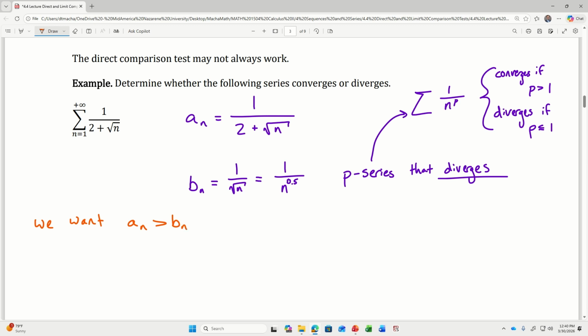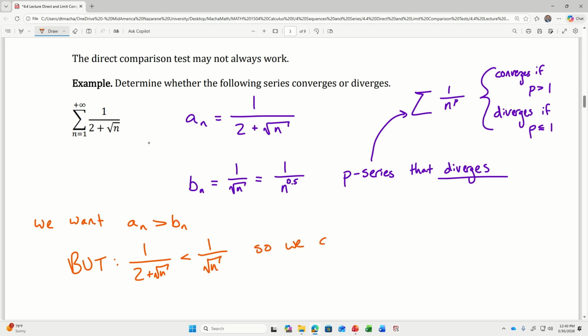Because that way, if b diverges and a is greater than b, that must mean that a has to diverge as well, according to the direct comparison test. But you'll notice 1 divided by 2 plus square root of n is actually less than 1 divided by square root of n.